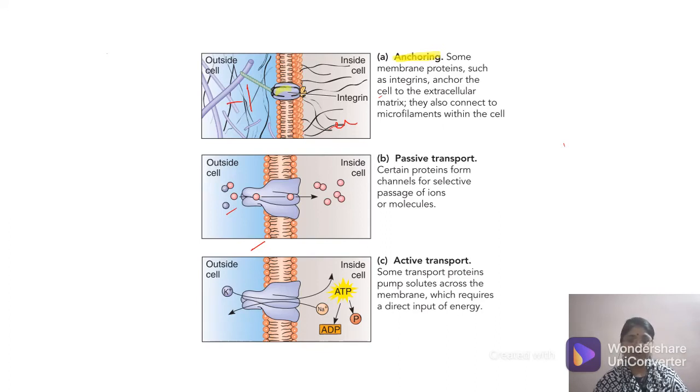This molecule you can see here is integrin, and it is helping the membrane attach to the substratum. It is also helping to attach to the extracellular matrix, and also with the microfilaments that are within the cell. So they help a lot.